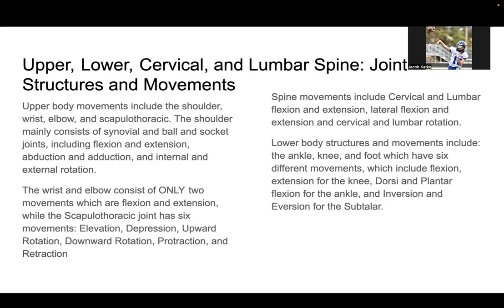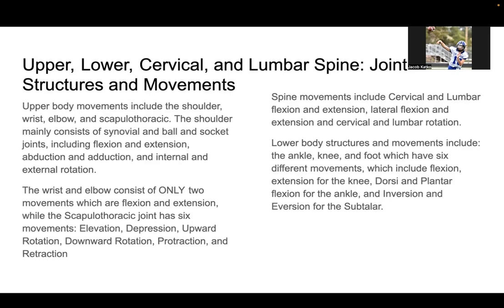The wrist and elbow consist of only two movements, which are flexion and extension, while the scapulothoracic joint has six movements, which include elevation, depression, upward rotation, downward rotation, protraction, and retraction.